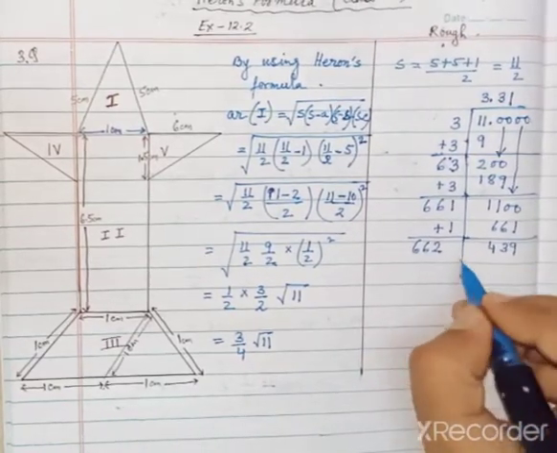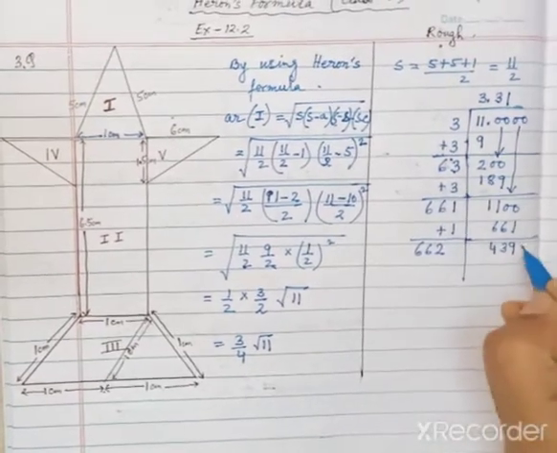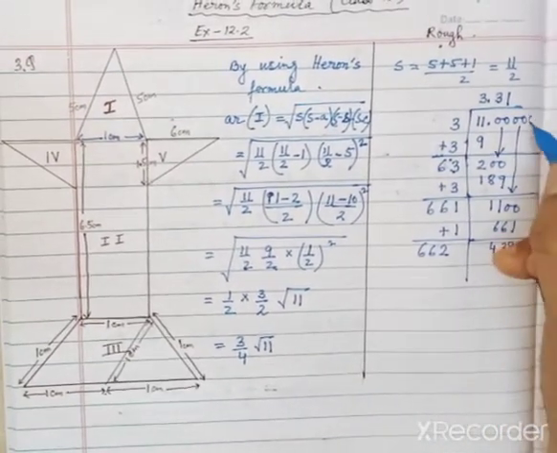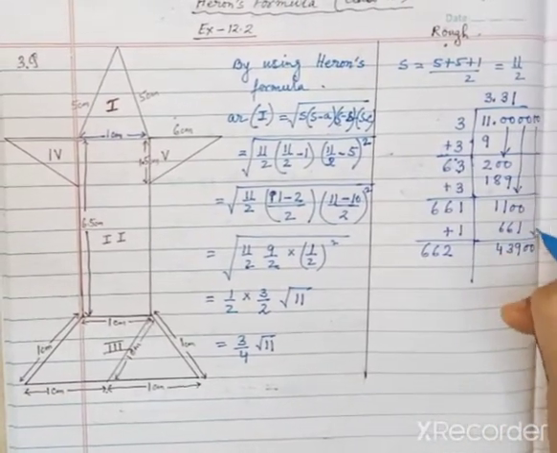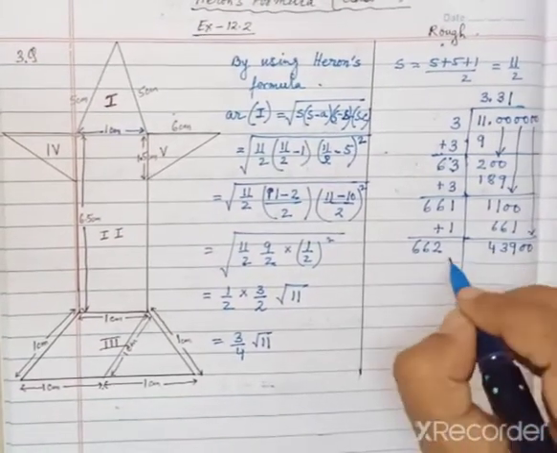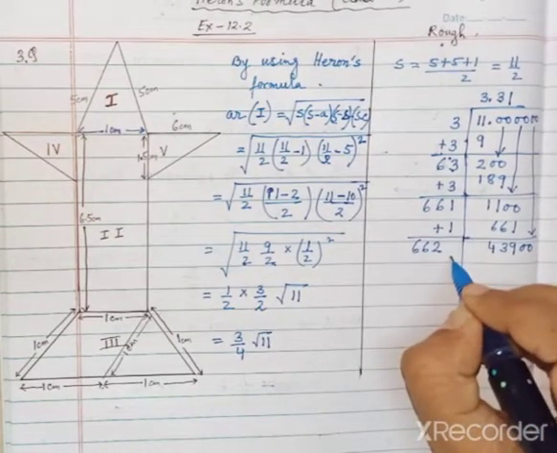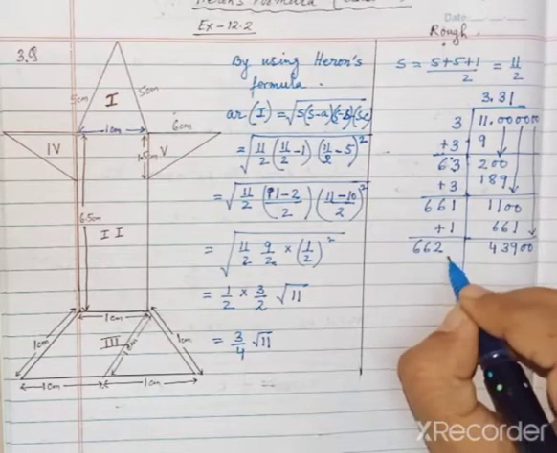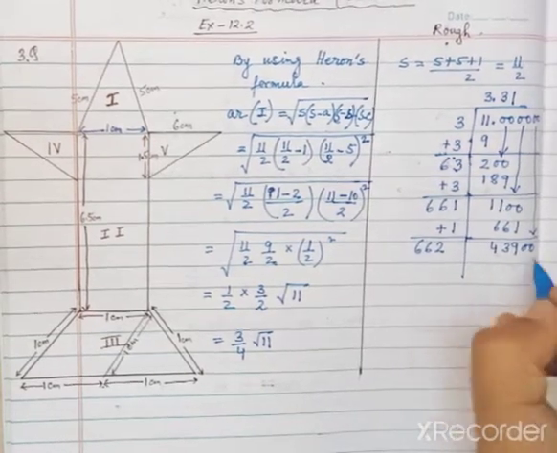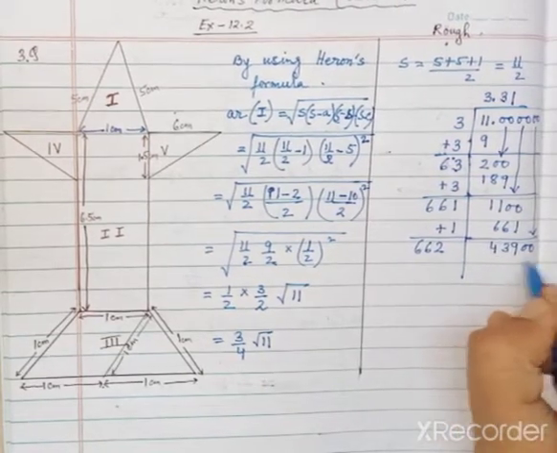Now we need more zeros, so we will take more zeros and put them there. And here we have to select a number. If we take 7, then 7 times 6627 will be more than 43,900, so we will take 6.